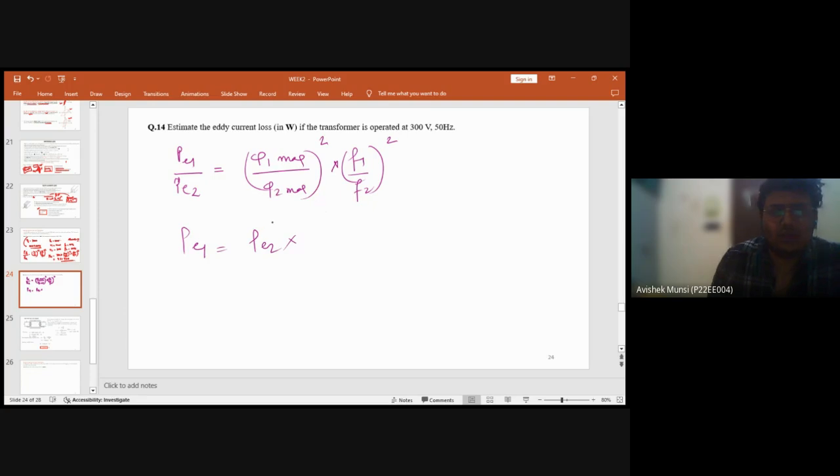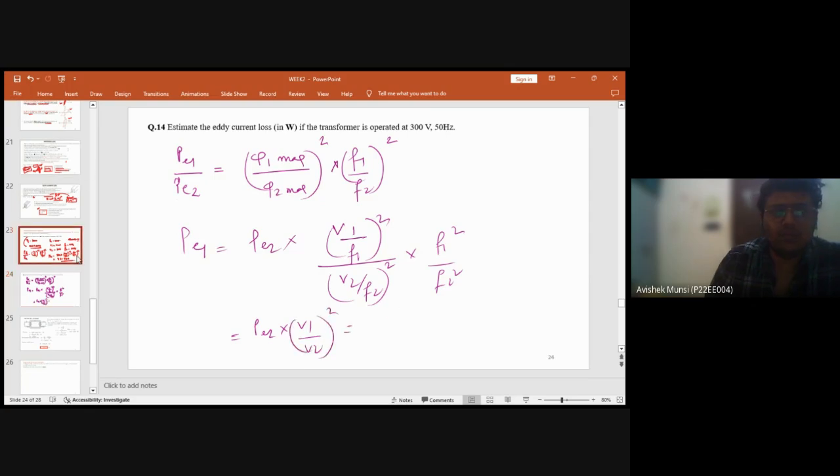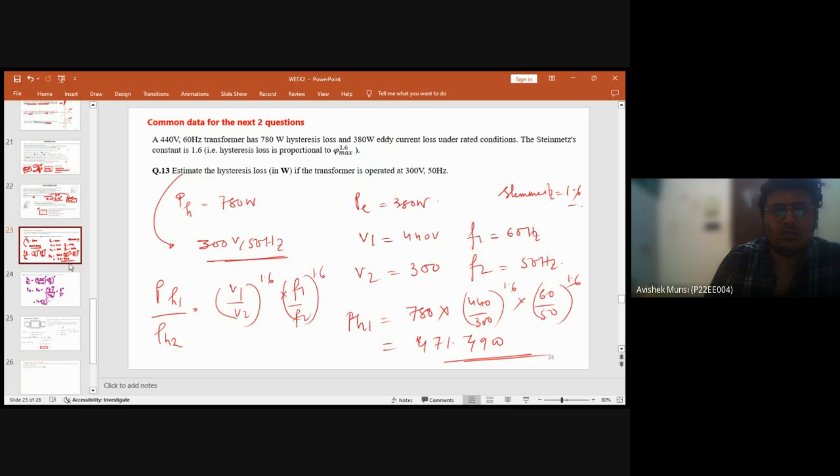So ultimately, see, this will be (V1 by F1) square by (V2 by F2) square into (F1 square by F2 square). So ultimately, F1 by F2 square cuts out. It will be P2 into (V1 by V2) square. The value of P2 is 380 watt.